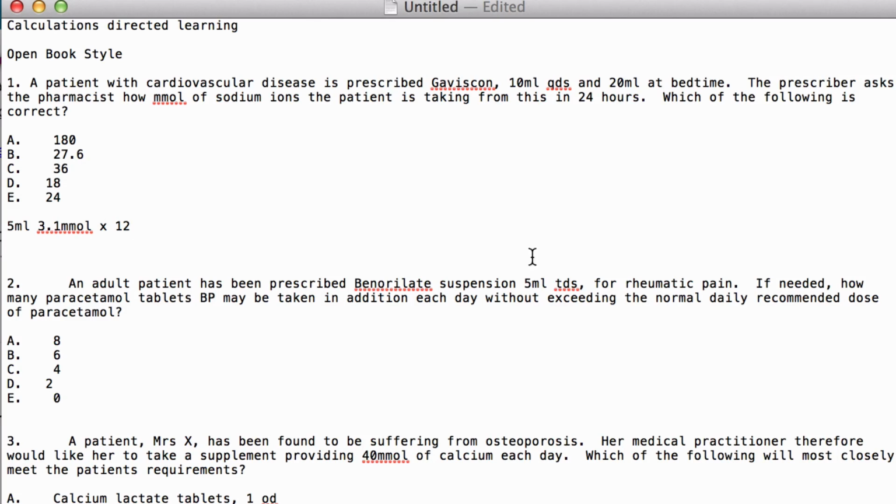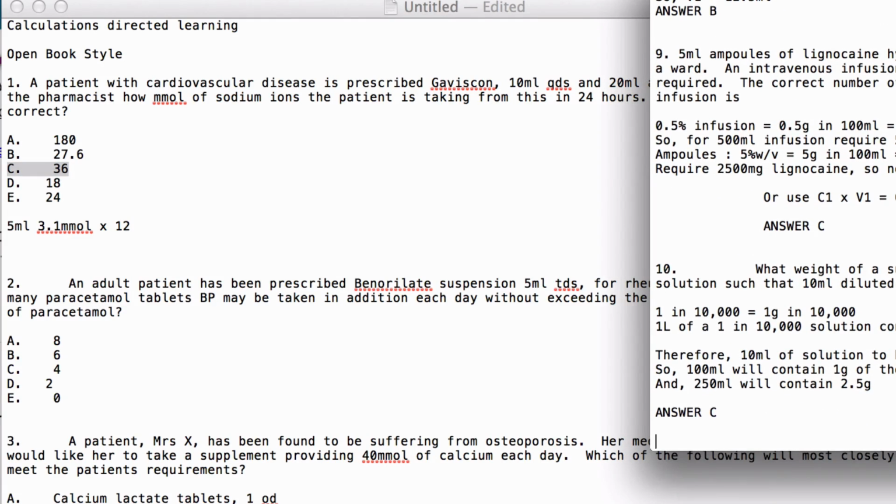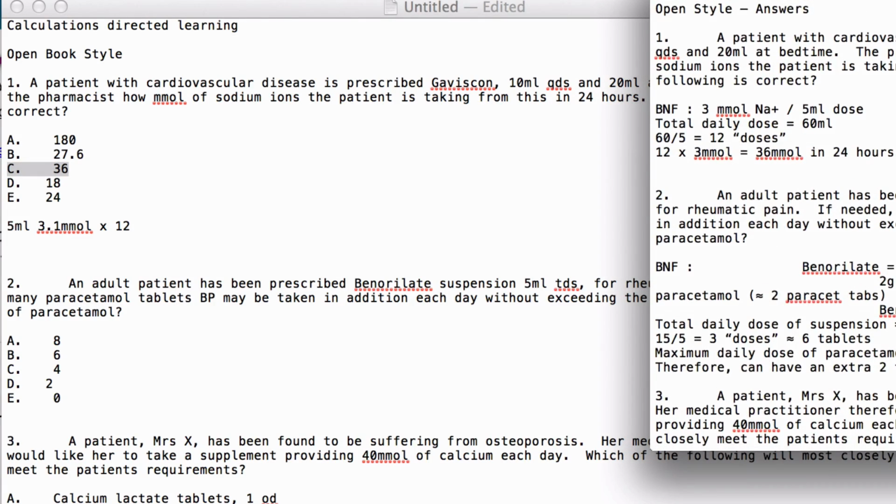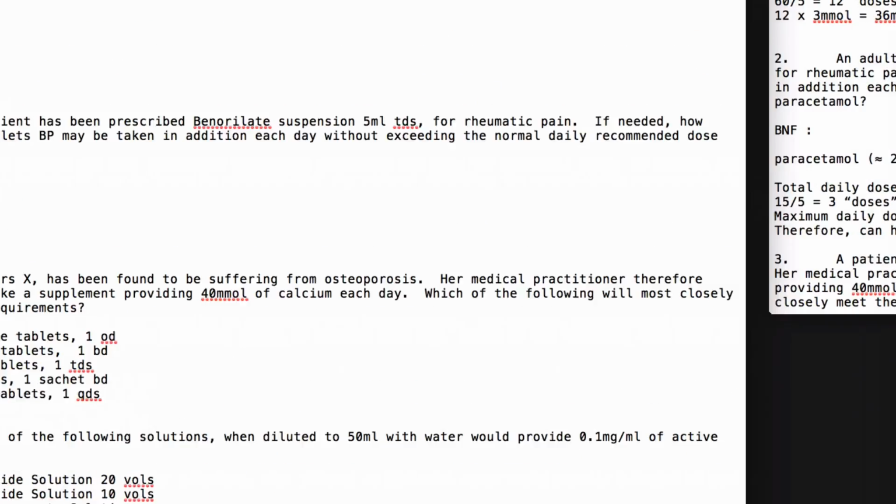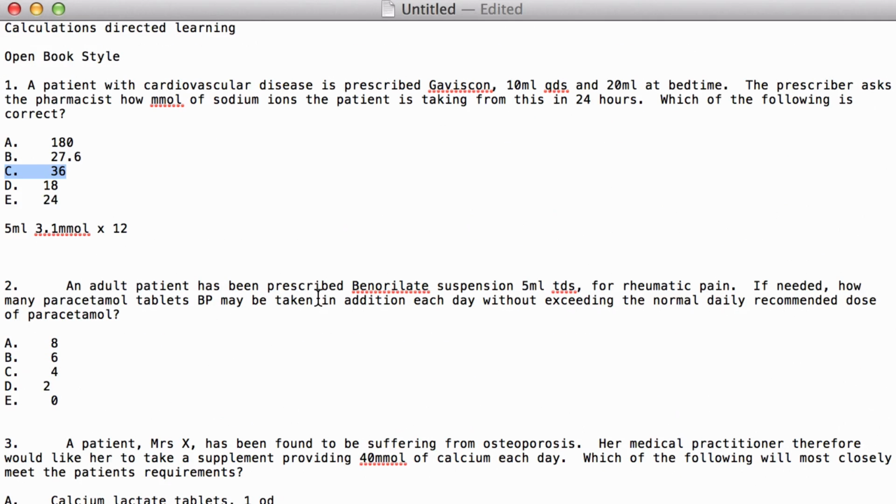So it's about 36, isn't it? Yeah, 60 times 3.1 divided by 5 is 36 millimoles. That's super easy. Okay, next one.